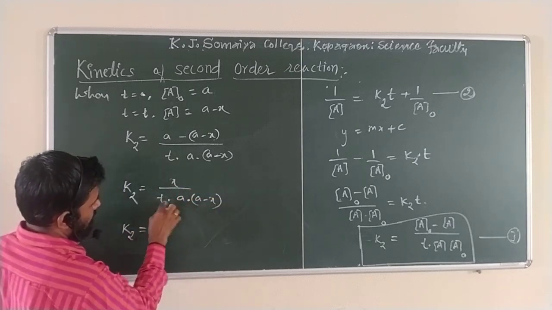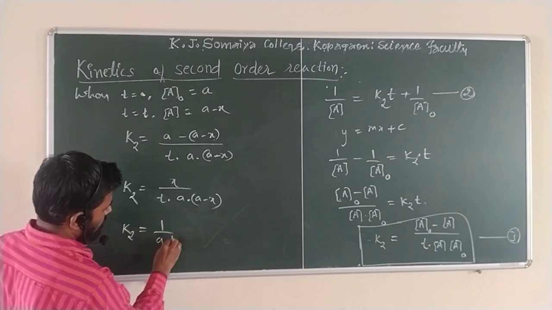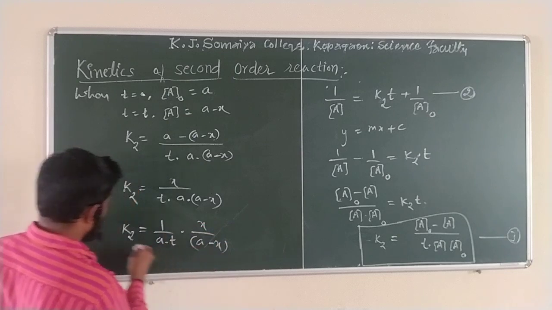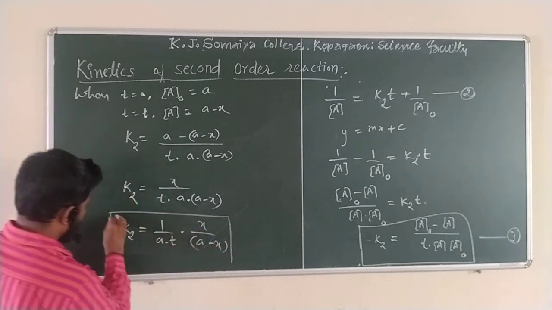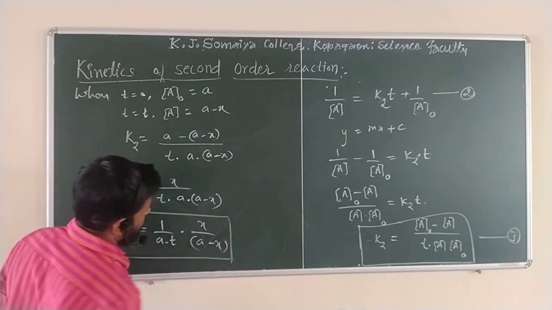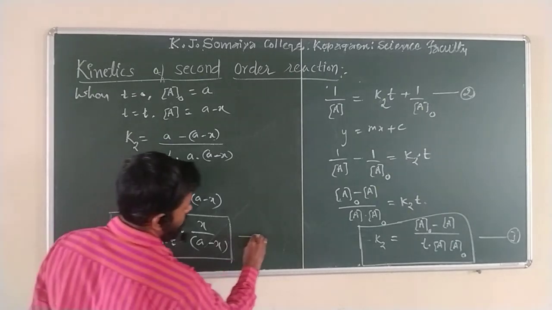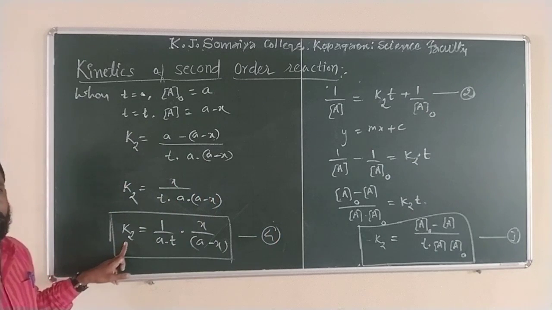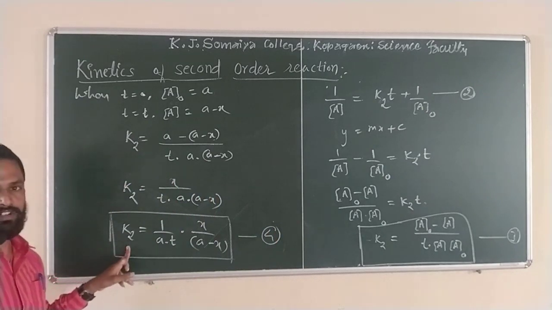If I take 1 upon a to one side, it can be written as x upon a minus x. Say this is equation number 4. This is called the rate constant k2, the rate constant for a second order reaction.